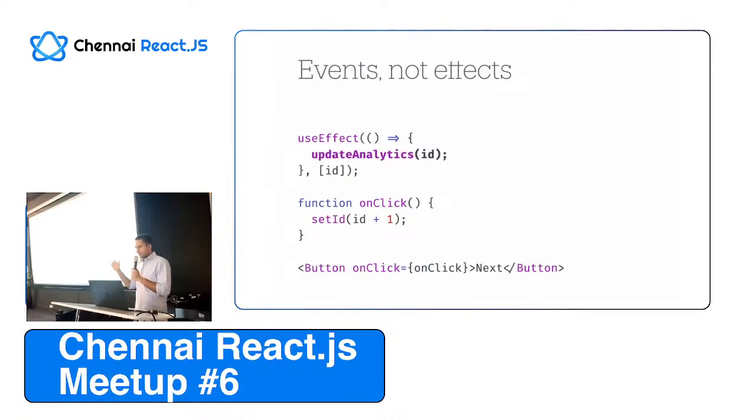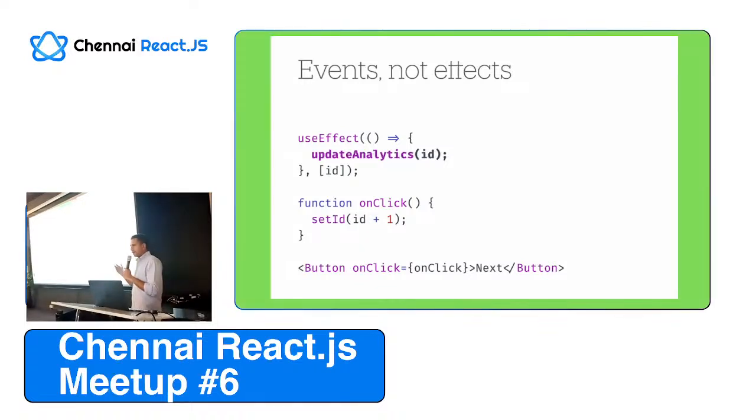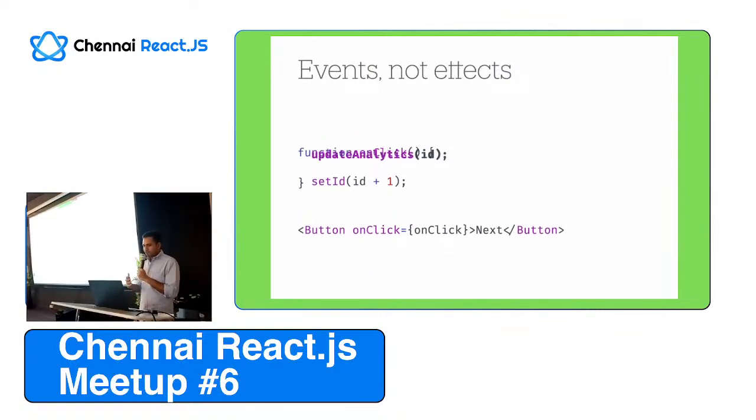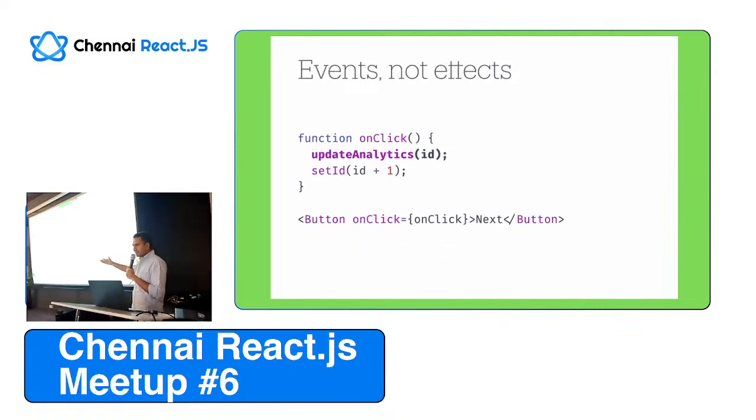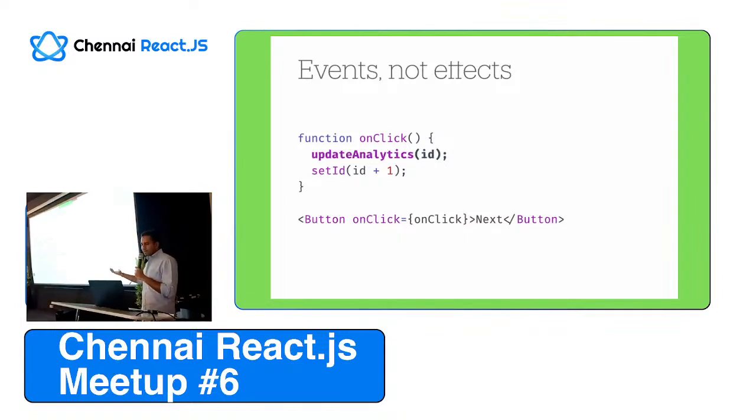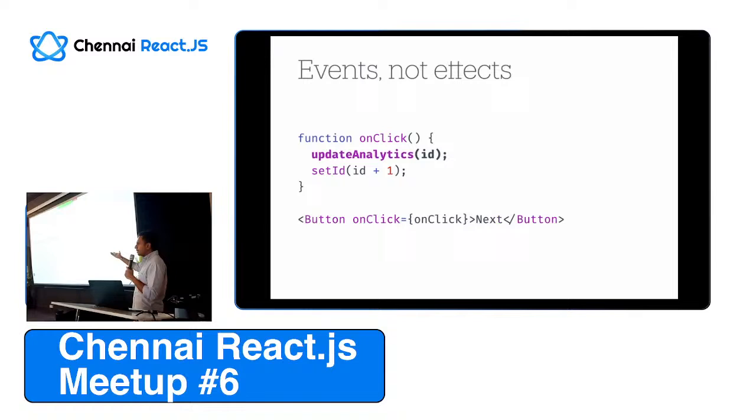So the effect fires 4 or 5 life cycles after the actual event, right? And there could be other things happening in the middle that could cause the effect to not run at all. So you could lose the analytics. So instead, the right thing to do here is to just put the side effect in your event handler. So you don't need the effect at all. And now it will automatically happen at the right time.